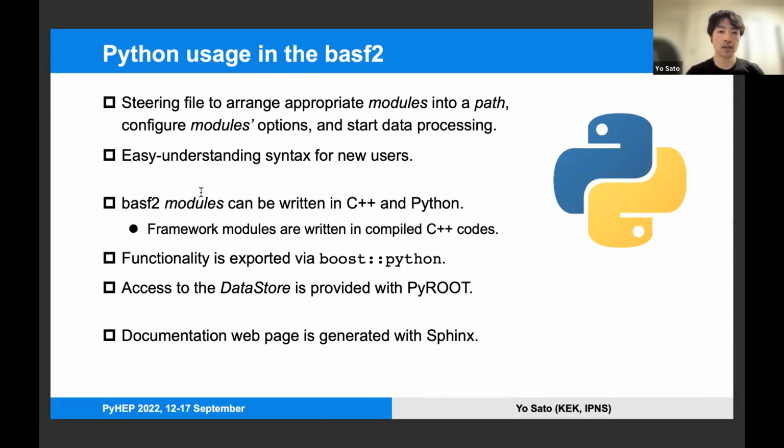Python provides a very easy to understand syntax, especially for new users. And the PyHEP2 modules can be written in both C++ and Python. In principle, the framework modules are written in compiled C++ code, but each user can easily add their own module by Python.